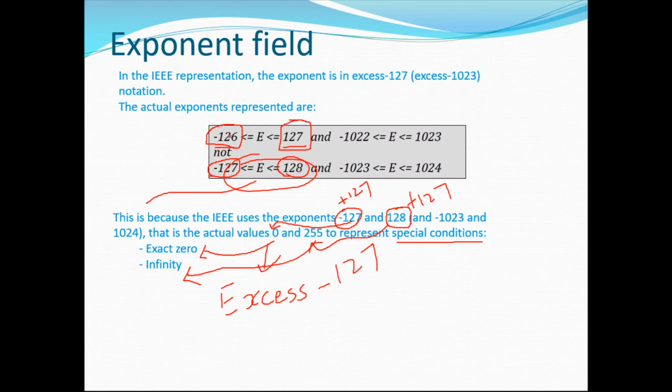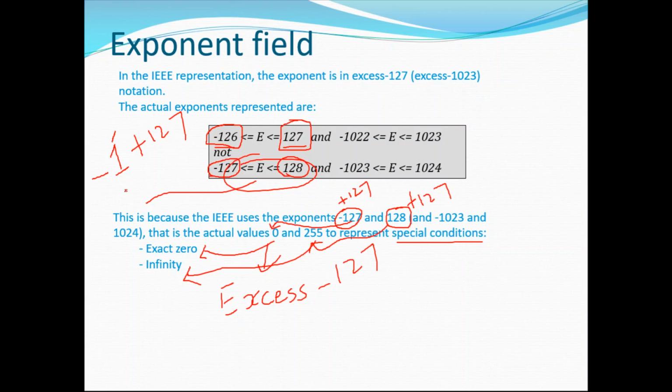It will be minus 126 when the actual exponential is minus 1, because if you add 127, 127 minus 1 will be 126. And when it will be 127.